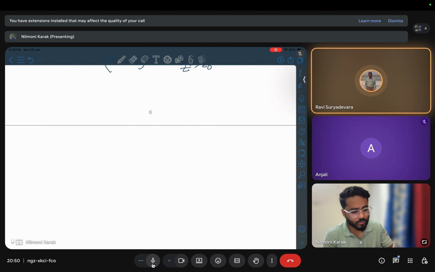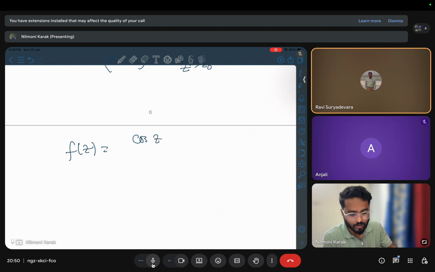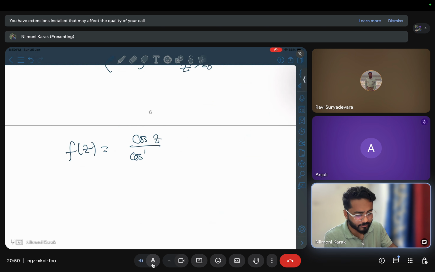You can write cos hyperbolic in terms of exponential function, but maybe I cannot get any benefit. I think we have to use one formula.